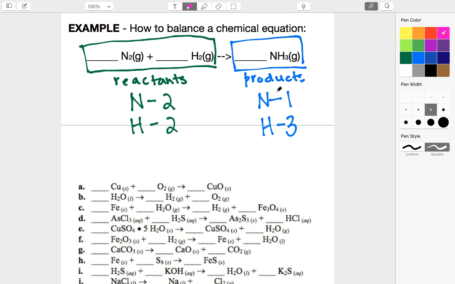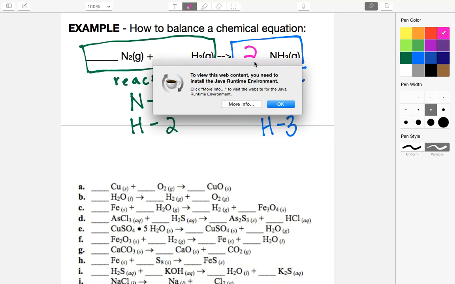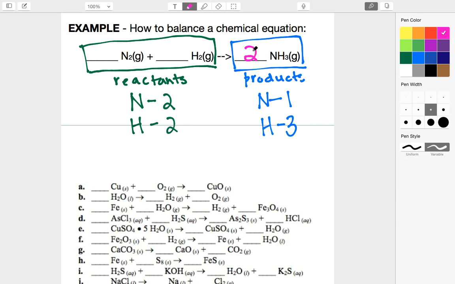I know that I can add more of an element, but I can't take away an element. So nitrogen has 1. If I change my coefficient to 2, that means I have 2 NH3 molecules.